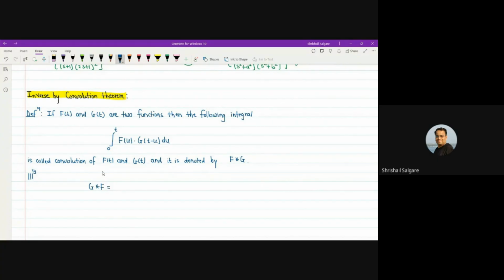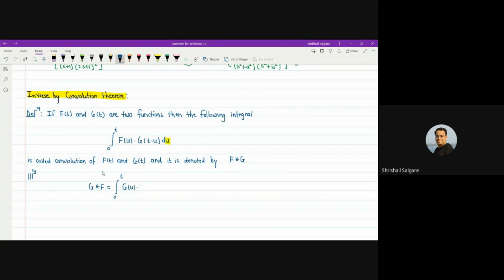Pradnya Surve, limits once again come as 0 to t. Can you complete the integral part? The integral is with respect to u. You have to write G star F, meaning convolution of G and F. First function is G, so you write G of u.